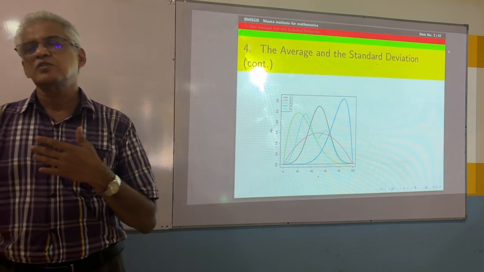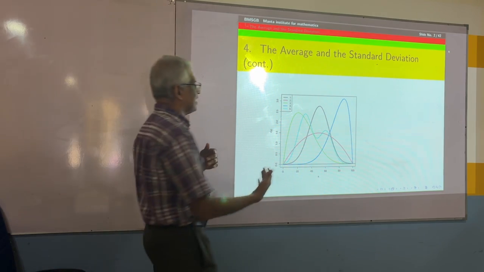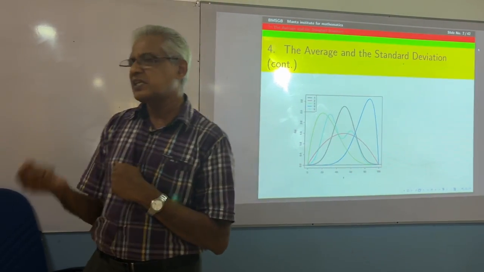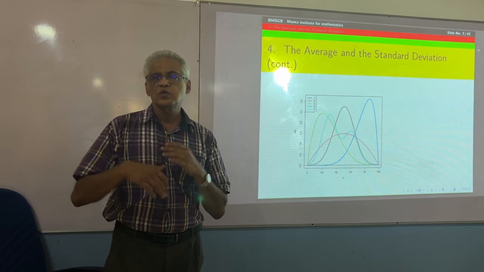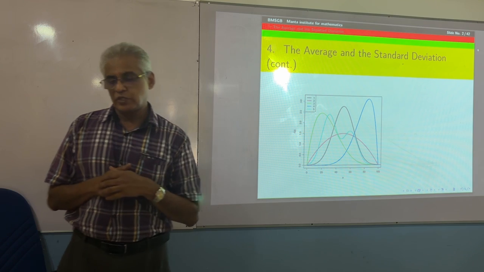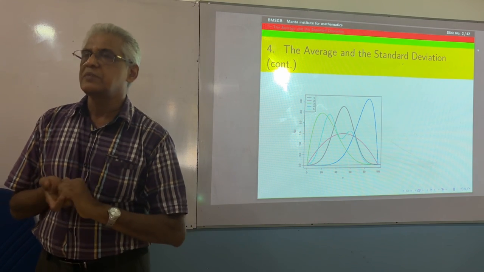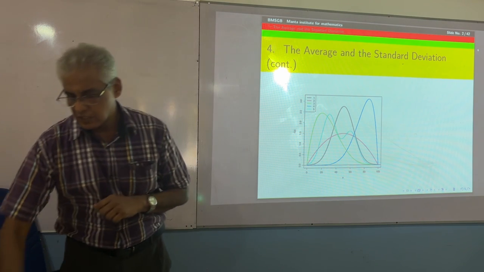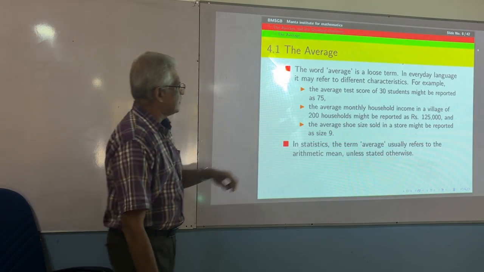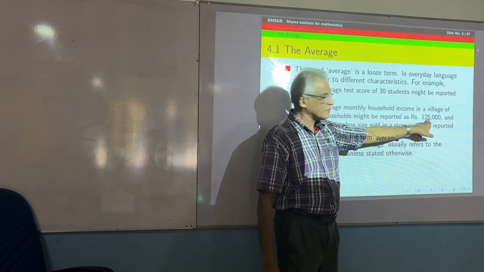So when the distribution is positively skewed, or similarly, if you have a situation like this, then the arithmetic mean is not really a good measure of the average. In that kind of situation, people use the median as the average. So most probably in this situation, they are talking about the median.